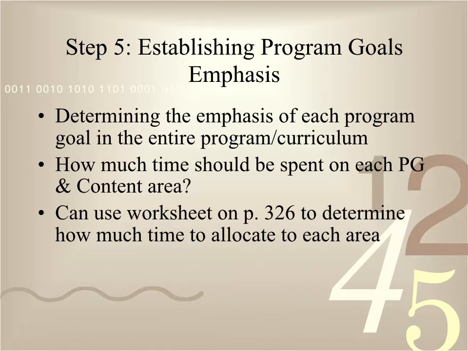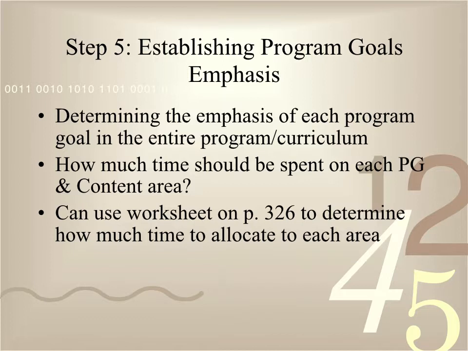So as you can see on page 121, what you are asked to do, if you're doing this for the entire curriculum, K through 12, is list each goal and provide the weight that you have for each goal, the larger goal across your K-12 curriculum.